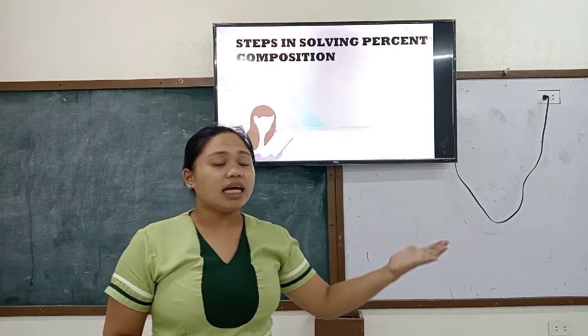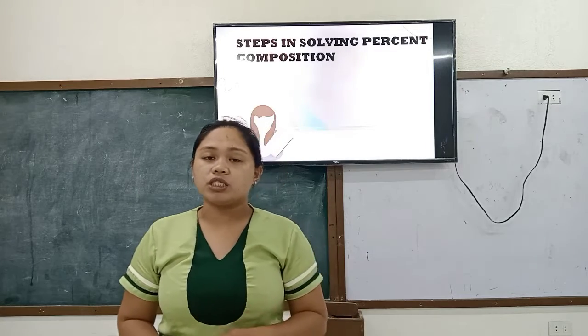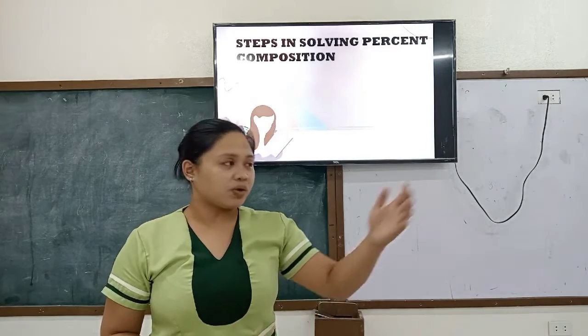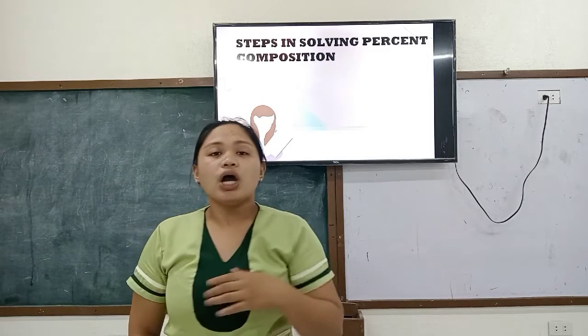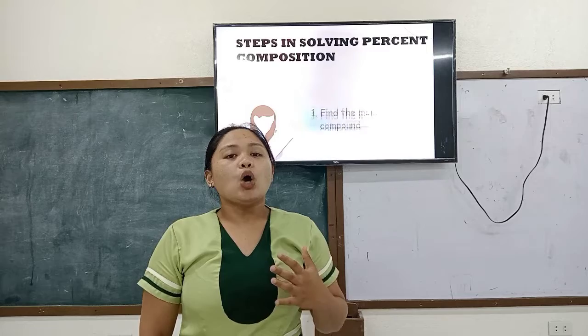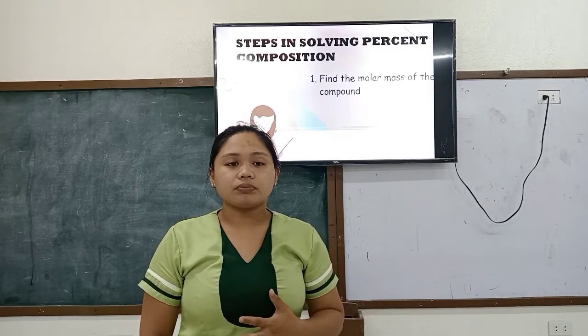Now, do you have any idea what are the steps in solving percent composition? Yes, correct. Aside from that, what else? Yes, very good. So the first step is that we have to find the molar mass of a compound.